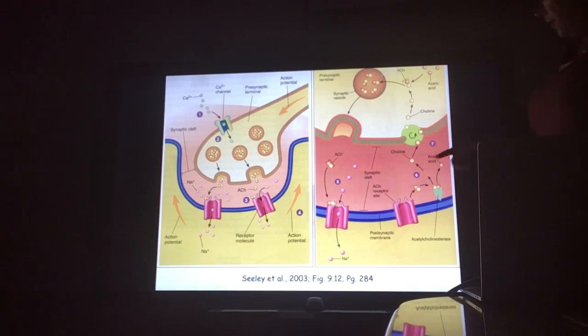And in this case, here's acetylcholine on the receptor, but out here in the synaptic cleft, there's acetylcholinesterase, or cholinesterase. Your book calls it cholinesterase. They're the same thing, two words for the same thing. And this is an enzyme. This enzyme breaks acetylcholine into acetate and choline.